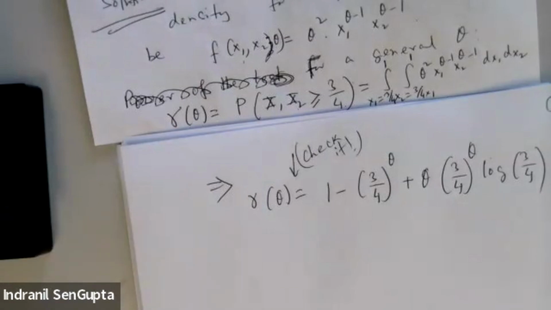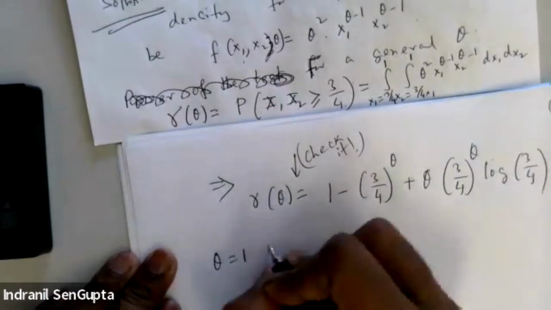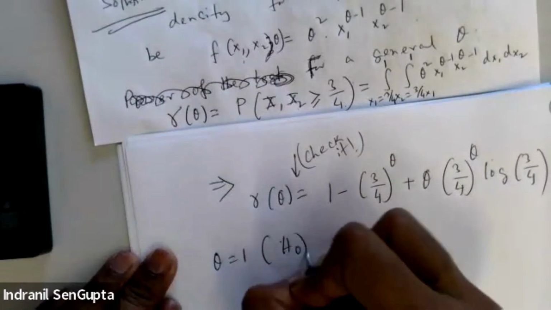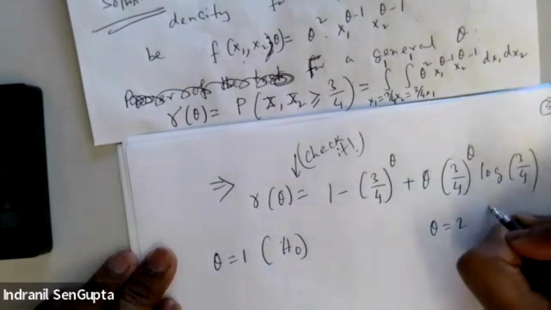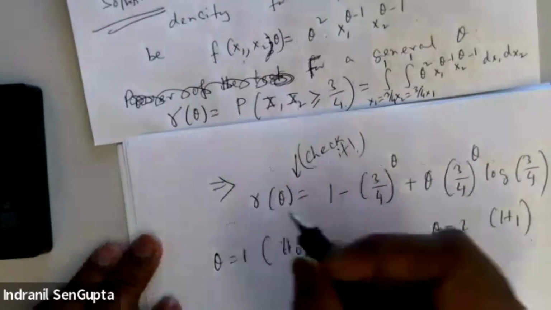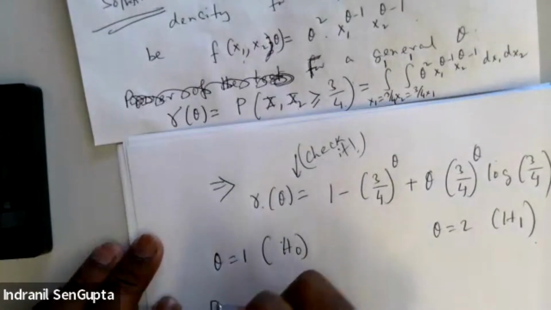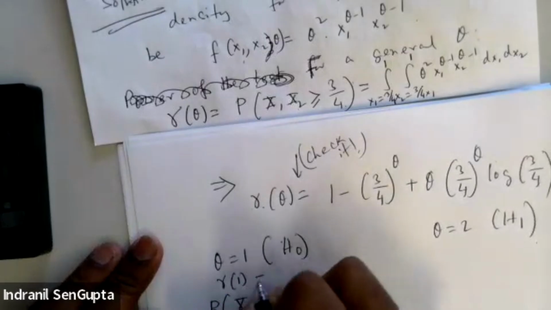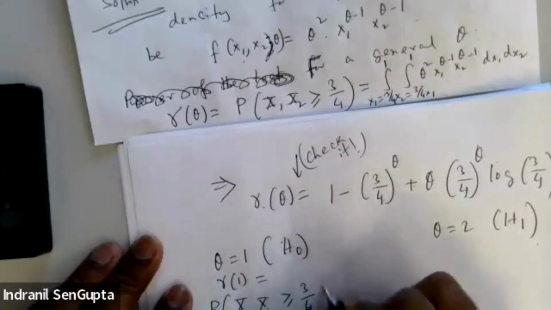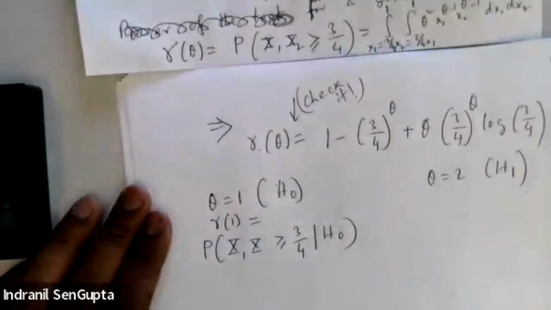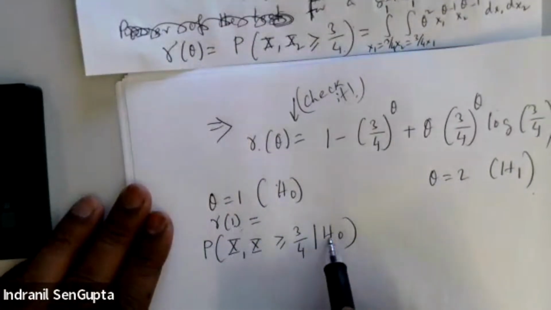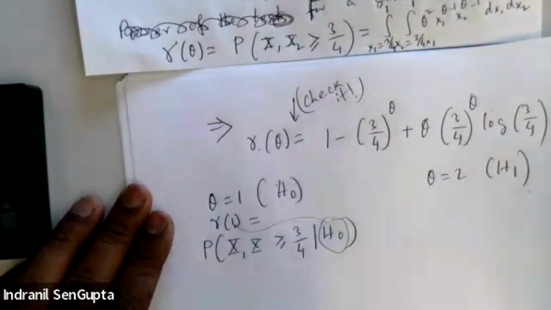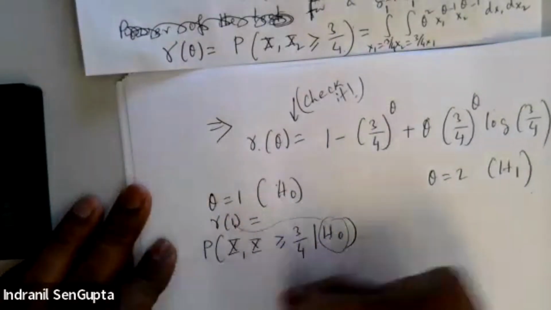Okay, so let's see what we have now. When theta equals 1, that is the null hypothesis. And remember, theta equals 2 is the alternate hypothesis, right? So what is gamma of 1? That is the probability that x1, x2 is bigger than 3 over 4 under the null hypothesis, right? And isn't it exactly the significance level?